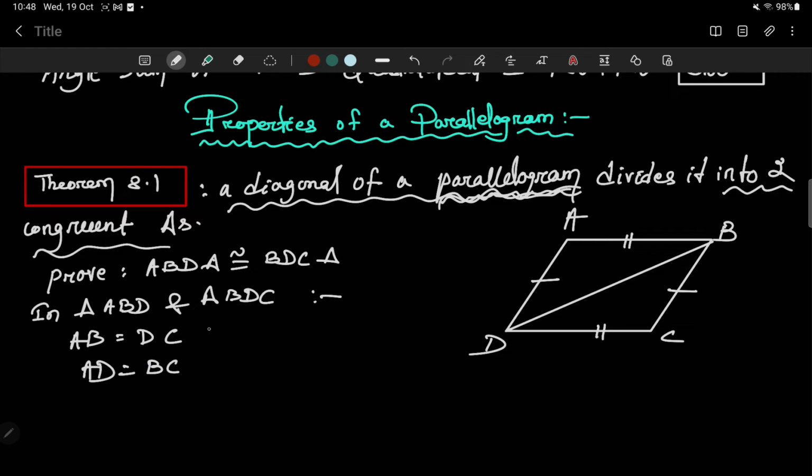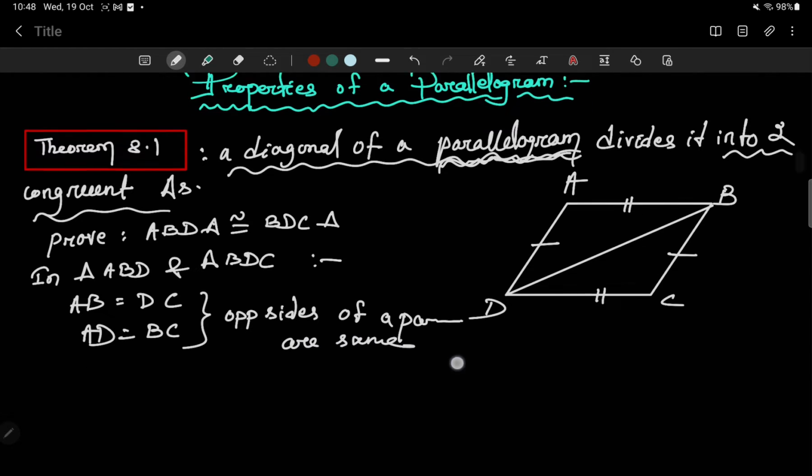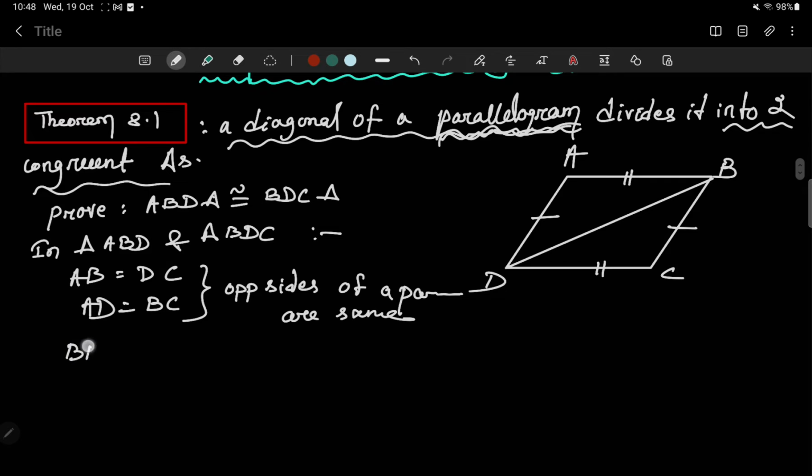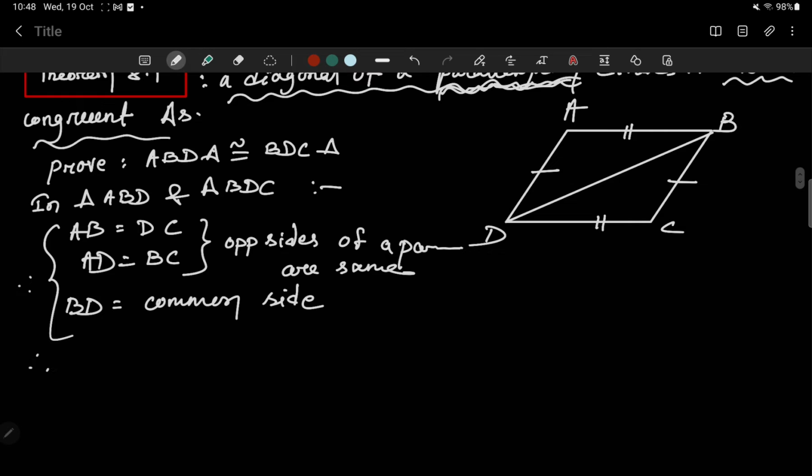Why? Because opposite sides of a parallelogram are equal. Another one is BD equals BD, the common side. Therefore we can say that triangle ABD is congruent to triangle BDC. Hence proved.